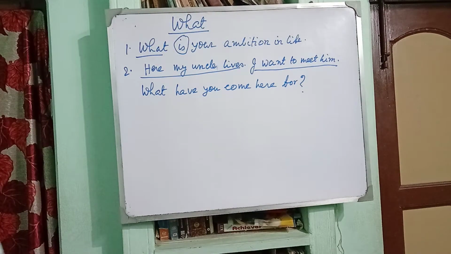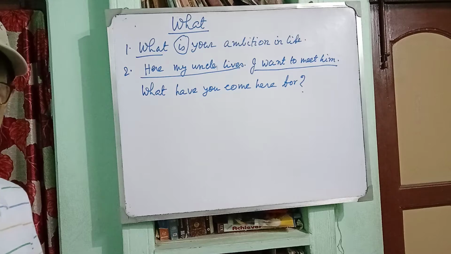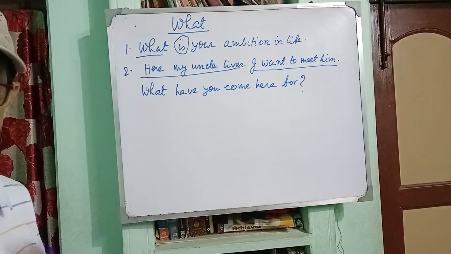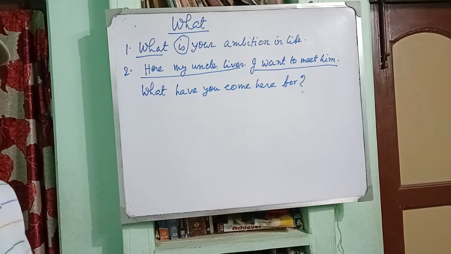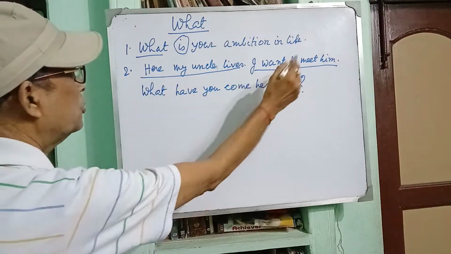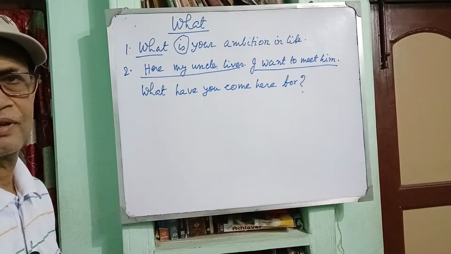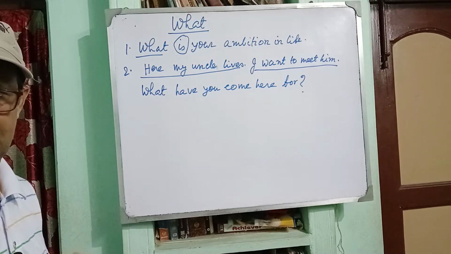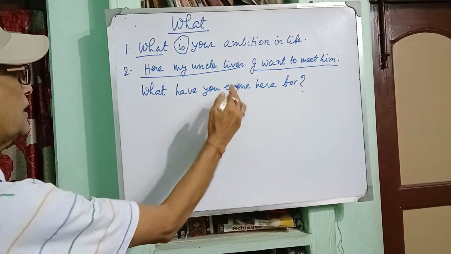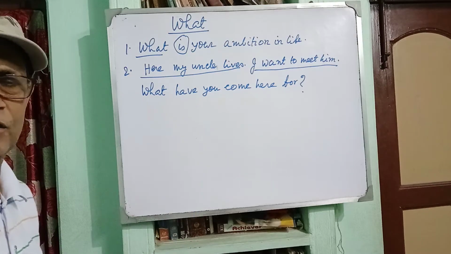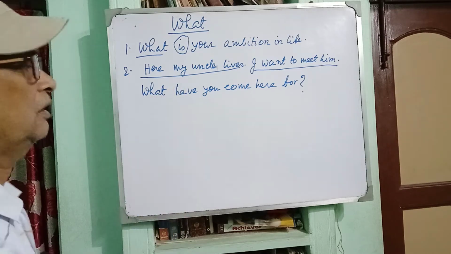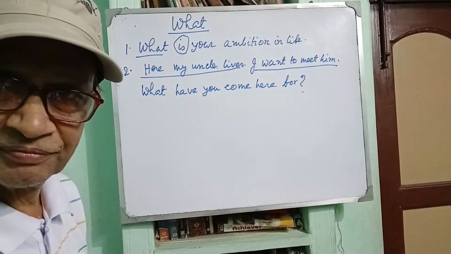What have you come here for? That means what is the purpose of coming here? And what is your objective? What is your purpose? Your purpose is to meet your uncle. So, in these two sentences, the answer is hidden and you have discovered the answer. Clear? What have you come here for? And your answer will be, I have come here to meet my uncle who lives here. Clear?